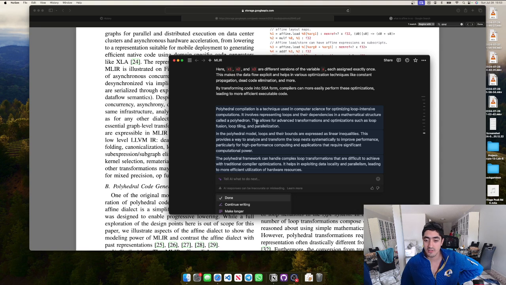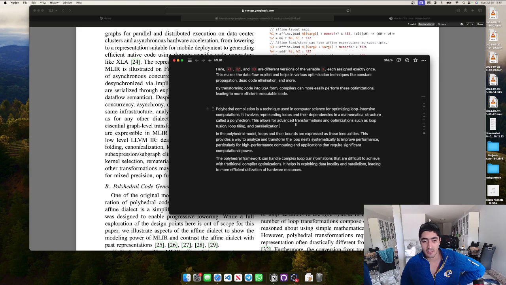Okay, so this allows for advanced transformations and optimizations such as loop fusion, loop tiling, and parallelization. In the polyhedral model, loops and their bounds are expressed as linear inequalities.